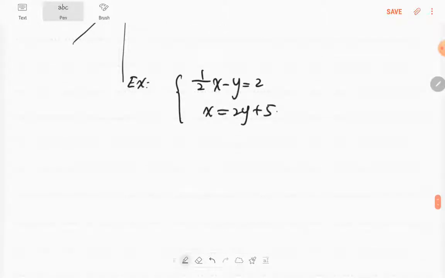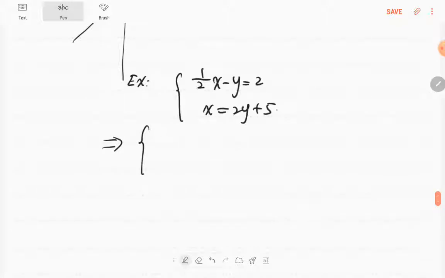So let's see, we have this system, and the first step, we're going to change them to the slope-intercept form. So for the first equation, we will get y is equal to half x minus 2. And the second one, it will be y equals, still half x minus 5 over 2.